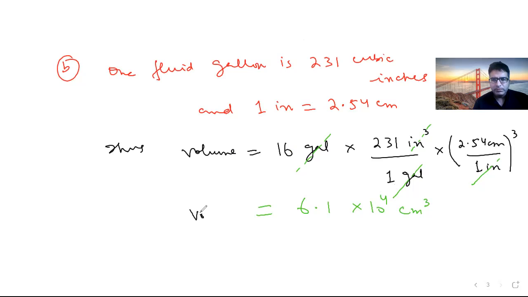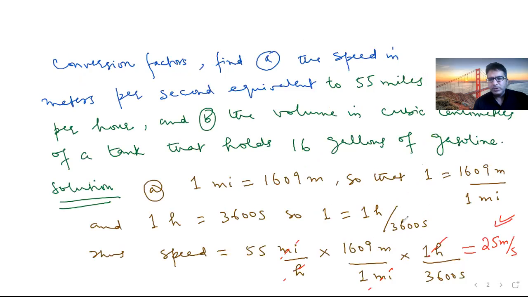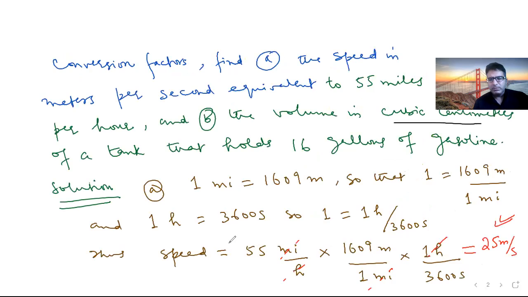So our given volume was 16 gallon, and if you see the question, you have to convert the volume into the unit of cubic centimeters. So we got the answer in cubic centimeters. So in first, this is our answer. Our given speed was 55 miles per hour.